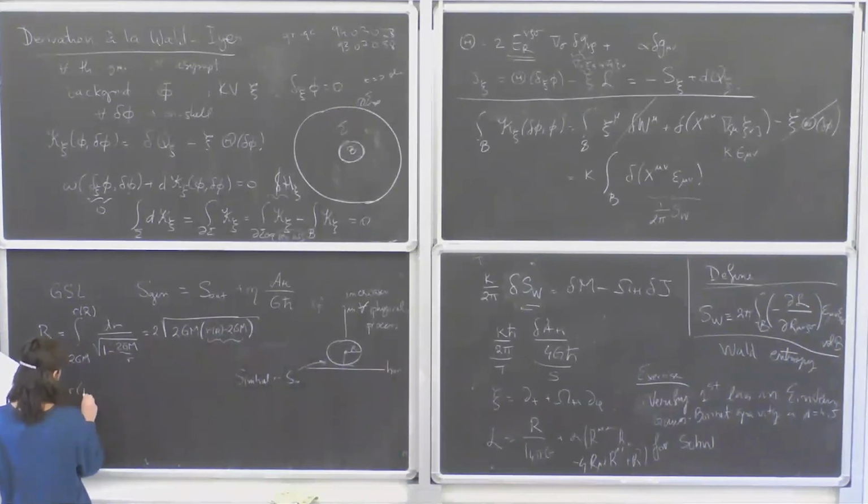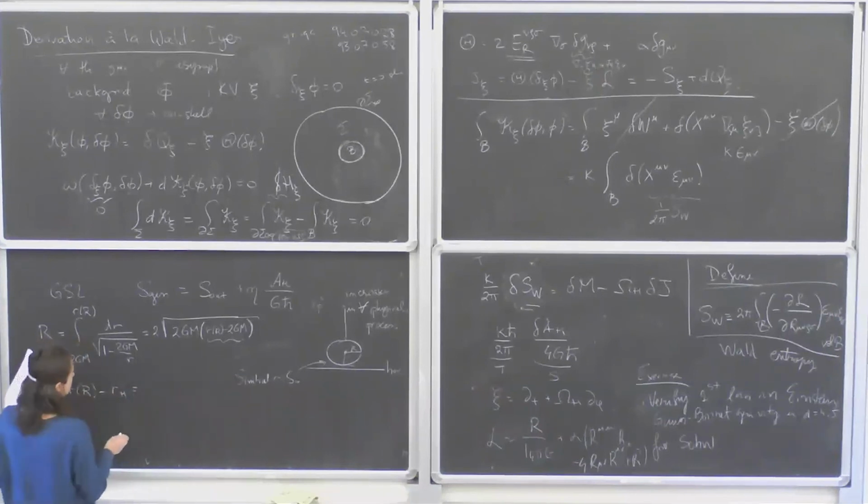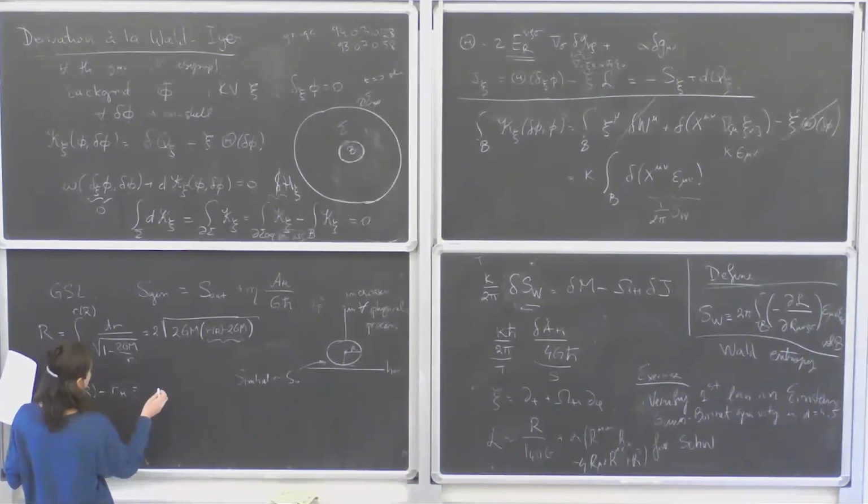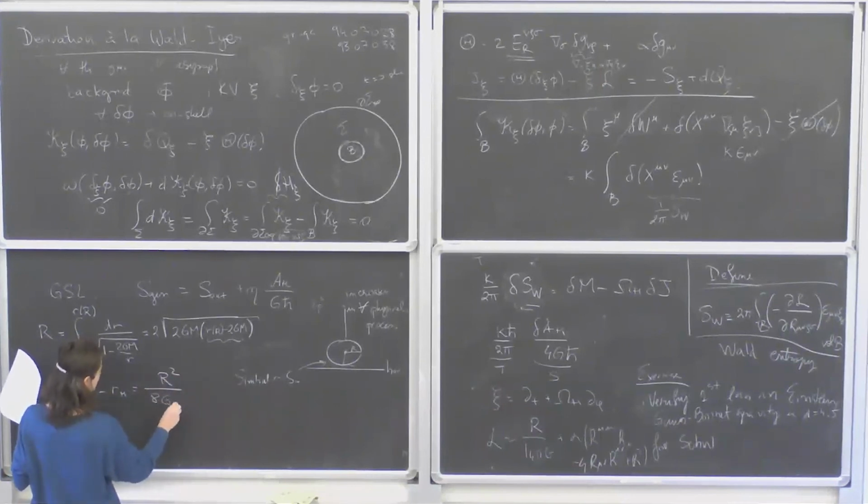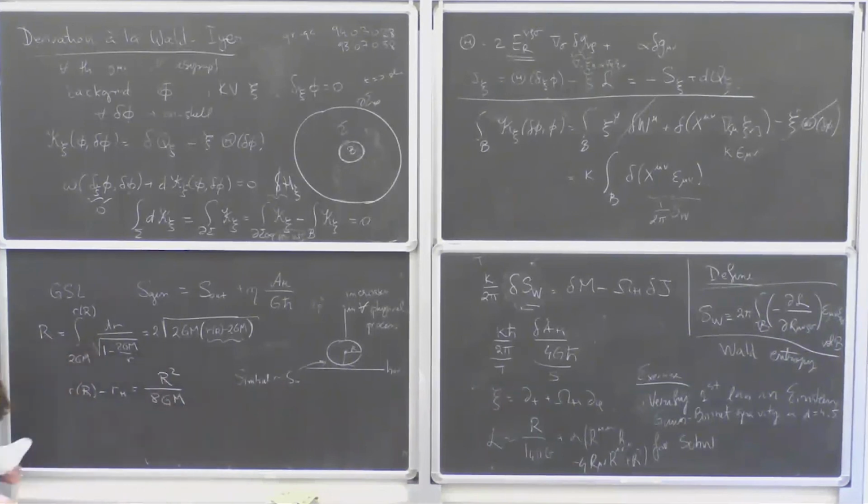So at the end of the day, you find that the value of the Schwarzschild coordinate at this r minus the radius of the horizon is, what is it? Yeah, it's r squared over 8GM. Okay.